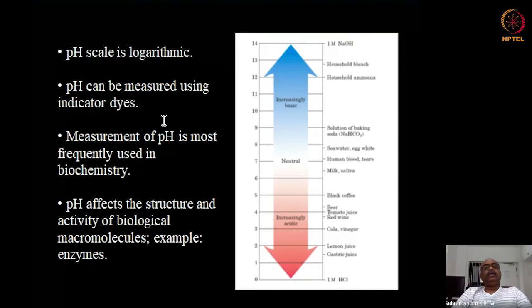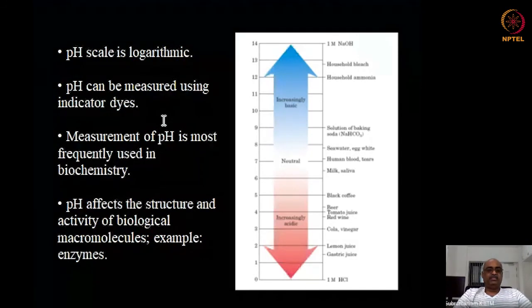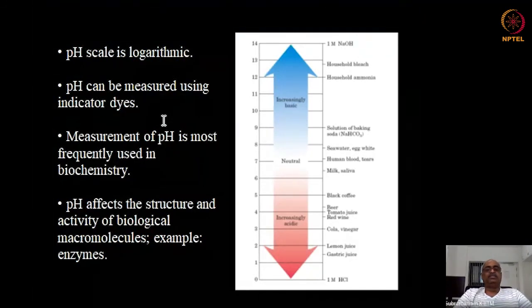So there are indicator dyes where the color of the dye changes depending on the hydrogen ion concentration of the solution in which you dip them. So we use those indicator dyes to get an approximate idea of the pH. And measurement of pH is frequently used in biochemistry because most of the biochemical reactions are very sensitive to the hydrogen ion concentration.